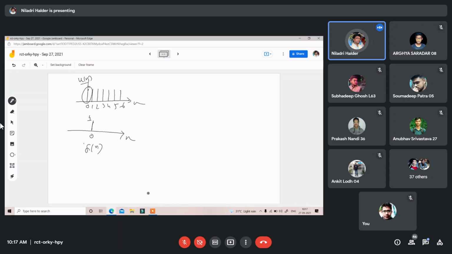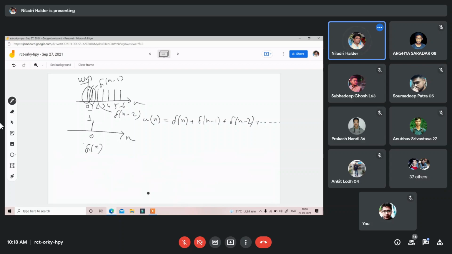At position 1, only that sample, what will happen? This is a single right shift, n minus 1, so that will give you delta[n-1]. Similarly, that will give you delta[n-2]. In that way, the relation between the unit step and the unit impulse is that u[n] can be written as delta[n] plus delta[n-1] plus delta[n-2], like that.